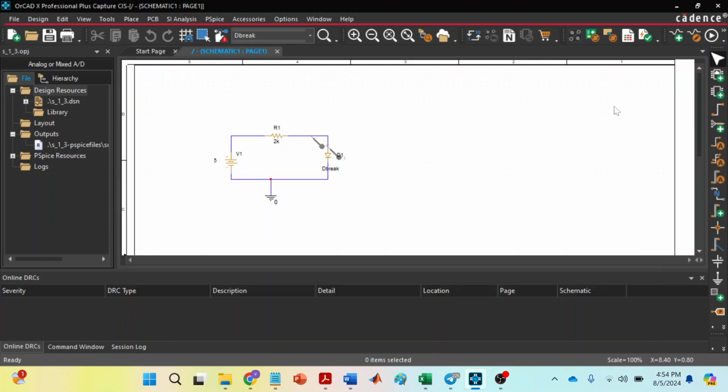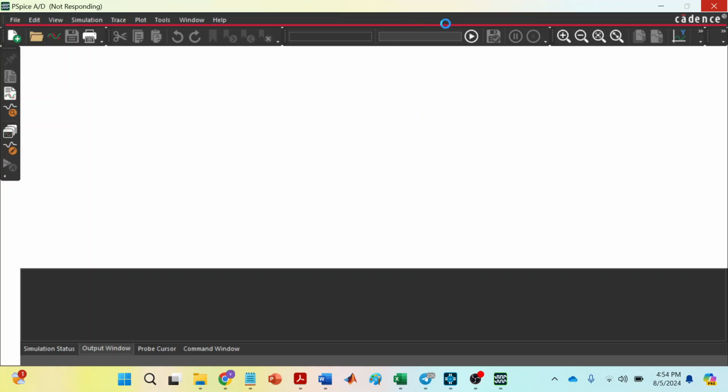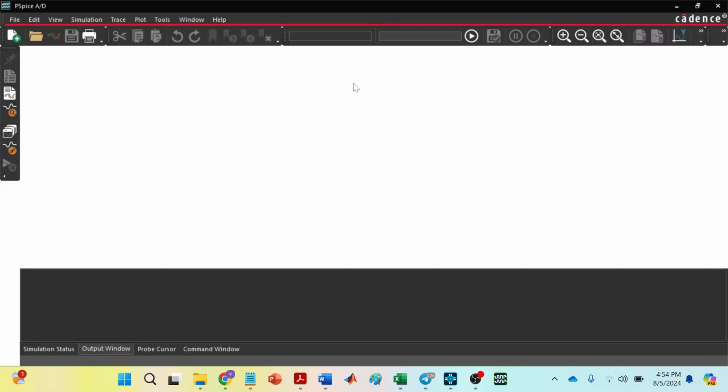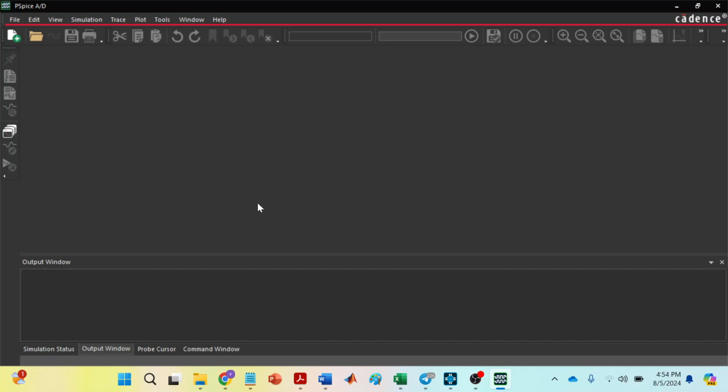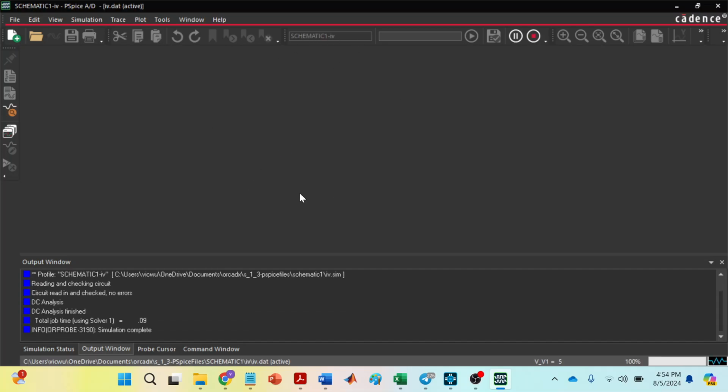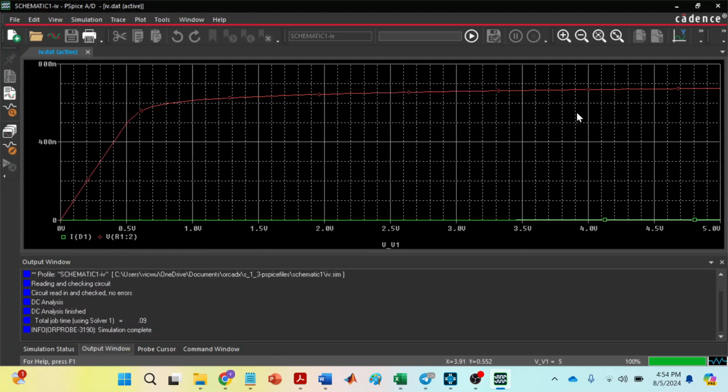When we want to get the curve, I click on run SPICE, and it's going to produce the curve here. This is the curve.